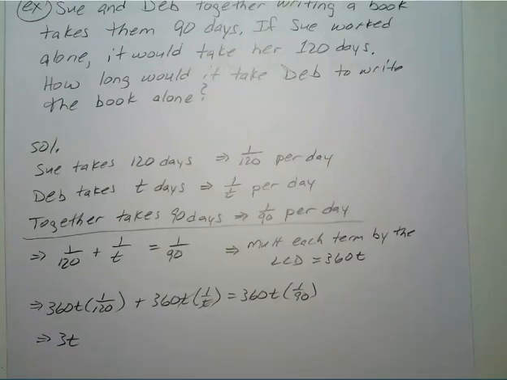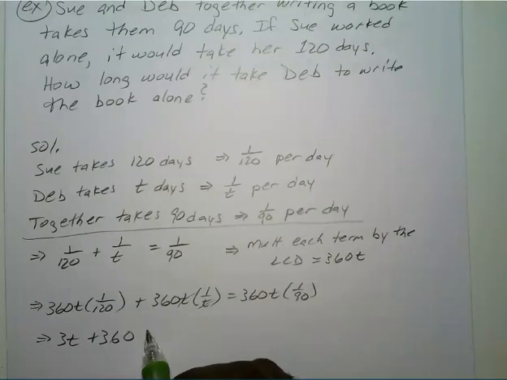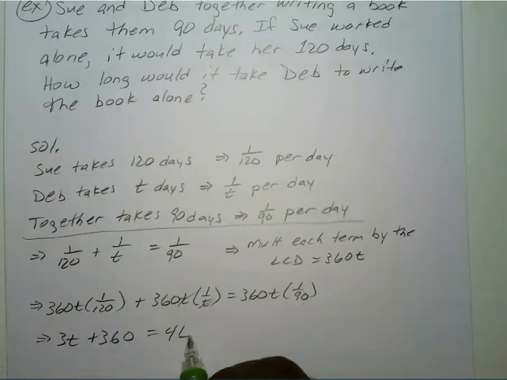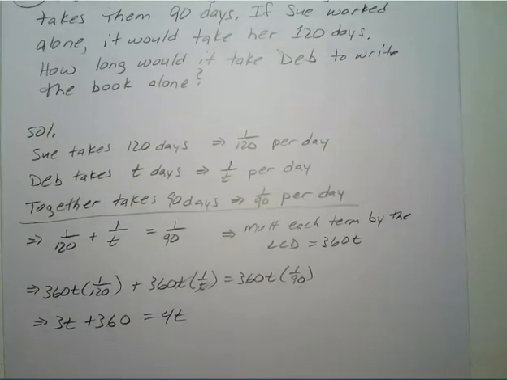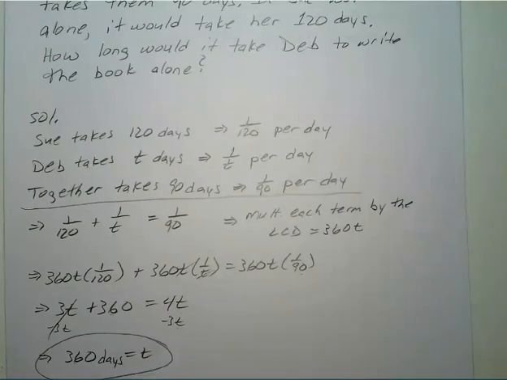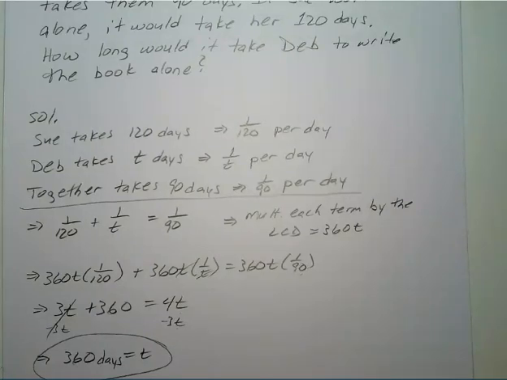Here the two t's cancel out, so we have plus 360 equals 360 divided by 90, which is 4, that's 4t. If we subtract 3t from both sides, we get 360 equals t. So if Deb wrote the book alone, it would take her 360 days.